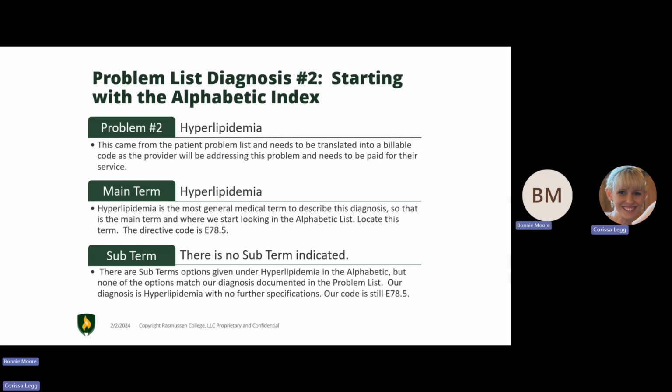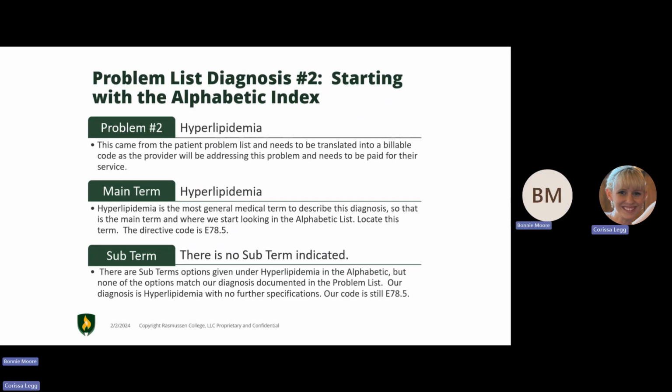So as you look at the documentation, there is no subterm indicated, not even unspecified or NOS. So this is just straightforward hyperlipidemia. And the directive code that we're given is E78.5.